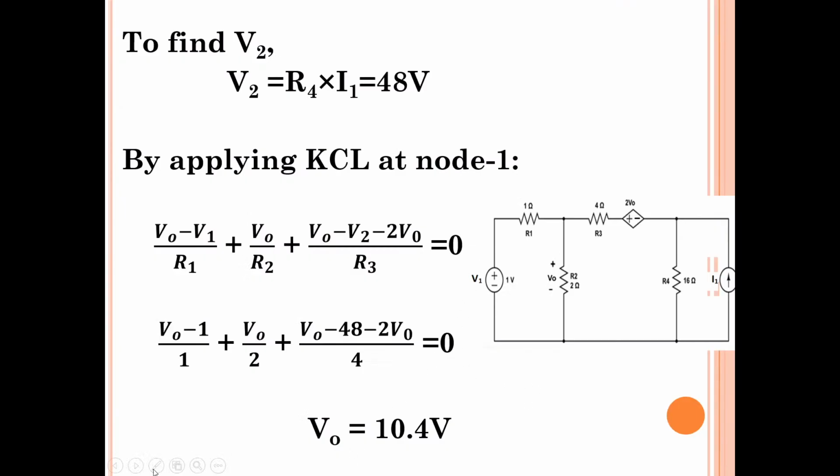This is our node 1. The voltage across R2 is nothing but the node 1 voltage. Now apply KCL at node 1.